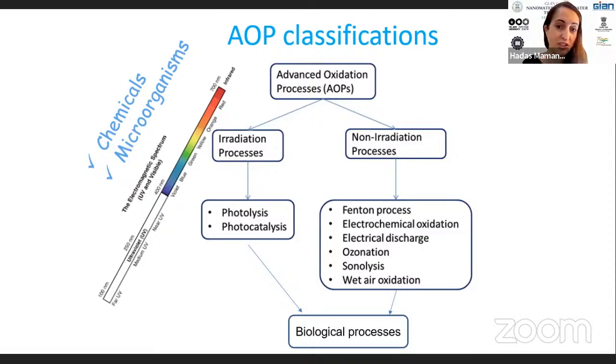The 285 to 320 range is less expensive, and 320 nanometers until the visible range, 400 nanometers, is even less expensive. So if we can target a photocatalyst that would be activated with UVA-vis wavelengths, then the combination with LEDs makes it really interesting to apply.